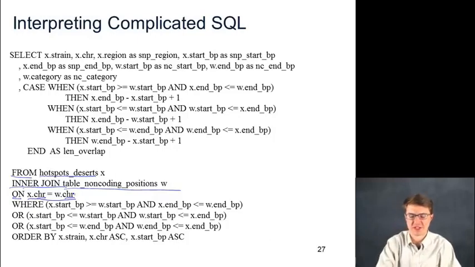So this looks ostensibly like the join condition, but if you look at the where clause, I want to make a point here that the table referred to as X, this hotspot deserts, and the table referred to as W are involved in additional conditions down here.